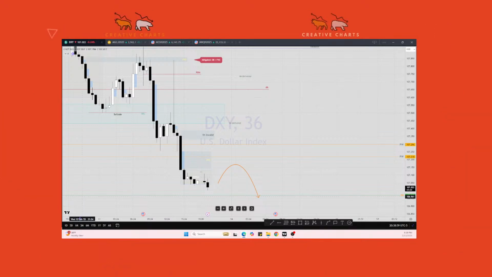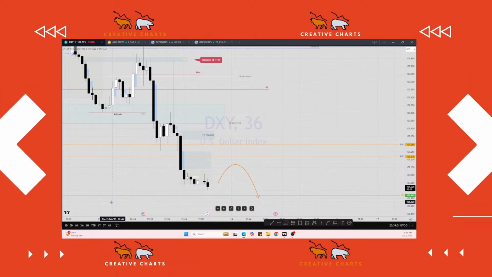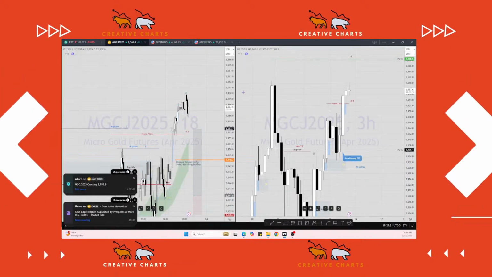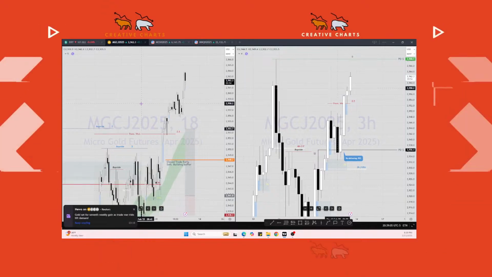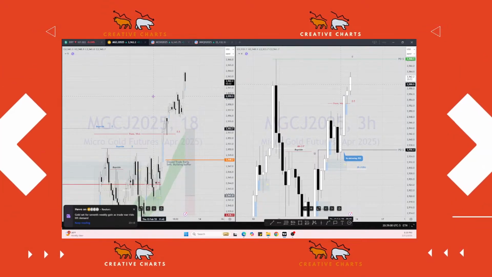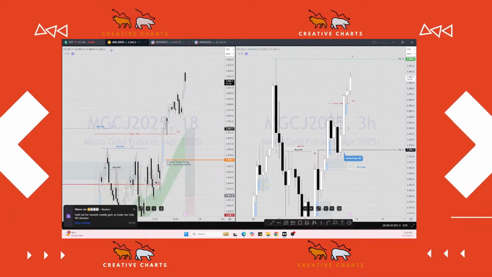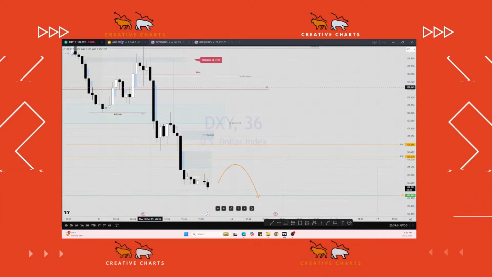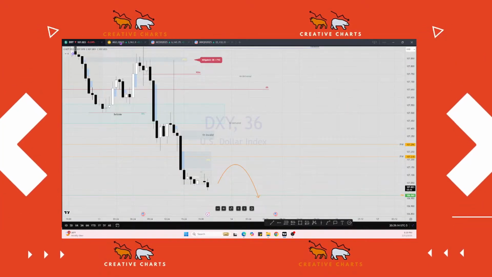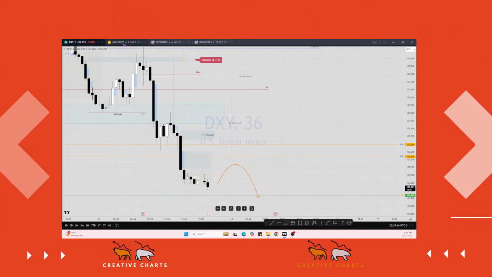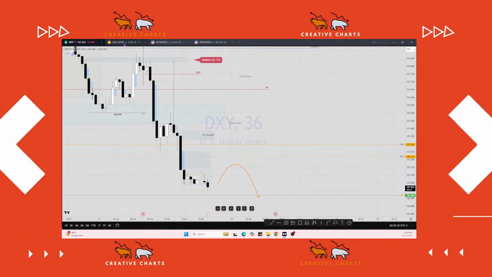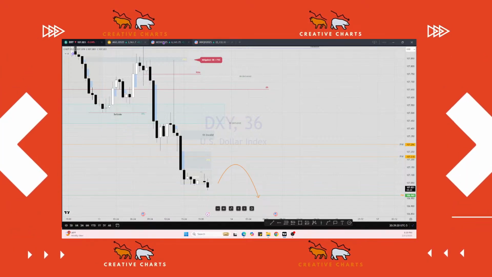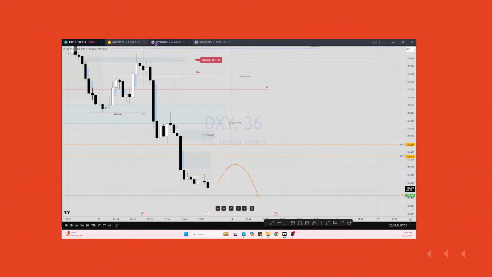Now I'm going to go over to gold. I might cut this off right here so I can just bang through this. I'm not trying to be on this all night. If I see a trade opportunity, I'll hop back on. But the reason why I do the dollar is because I believe that the dollar and the gold are negatively correlated. Positively correlated would be like the NASDAQ and the S&P, where they move in tandem together.